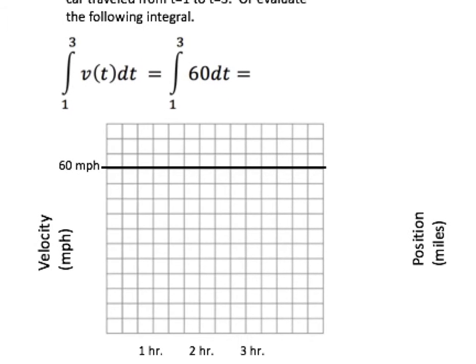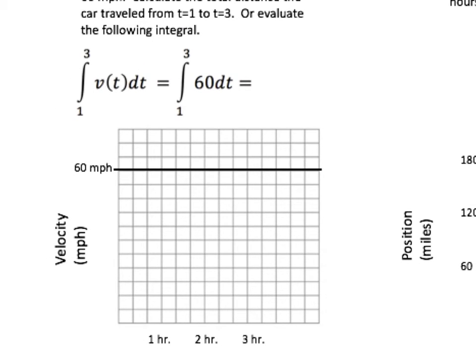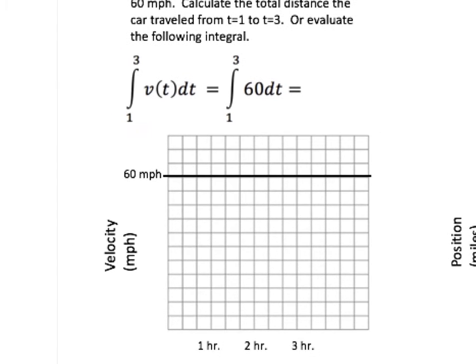And so, given something like this, this integral from 1 to 3 of v of t dt is the same thing as us saying the integral from 1 to 3 of 60 dt. Okay, the reason behind that is that the velocity function, v of t, is a constant function of 60. Okay, so all I did was substitute those values.